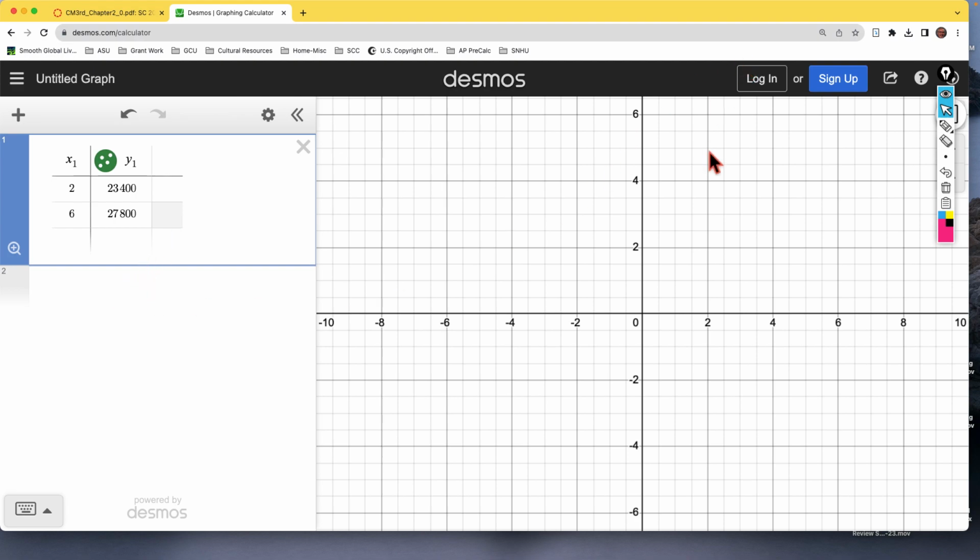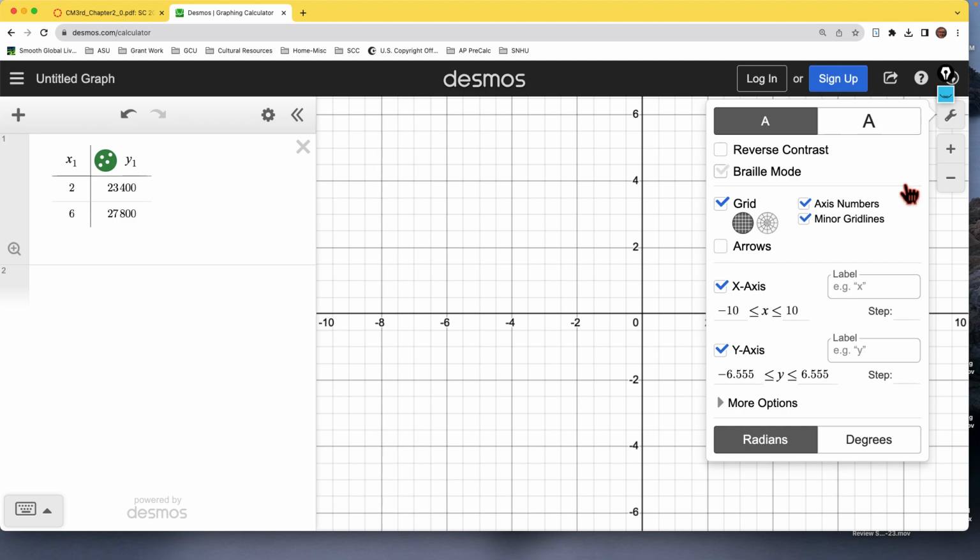To get the equation, now I don't see anything, but notice these are pretty high up here, right? Let me move. Everything's in my way. There we go. So I know the y values are going up.